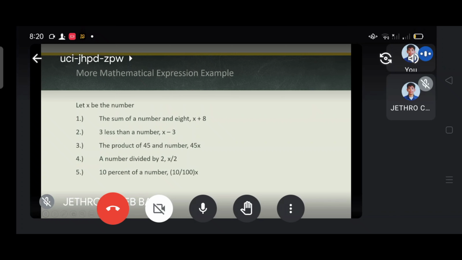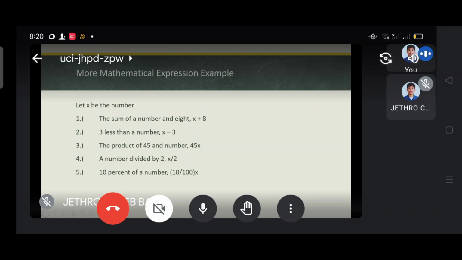Okay? Next, number 3. The product of 45 and a number. Ano ulit sinabi ko kapag product? Minumultiply natin yung dalawa, yung number and yung variable. So, it's 45x or 45 times x. A number divided by 2. That is just basically x over 2. Now, here in the last example, makinig kayo mabuti. 10% of a number.